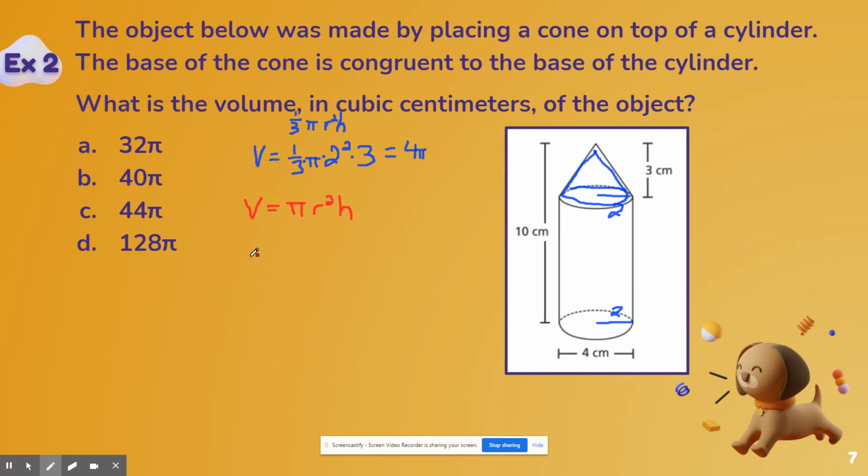I also don't want to use pi again, so I want to use volume times pi. We're going to start with that. The radius is still 2. The height is from here to here. So if this is all 10 and this is 3, this part would have to be 7, times the height of 7. And so we would enter that into the calculator.